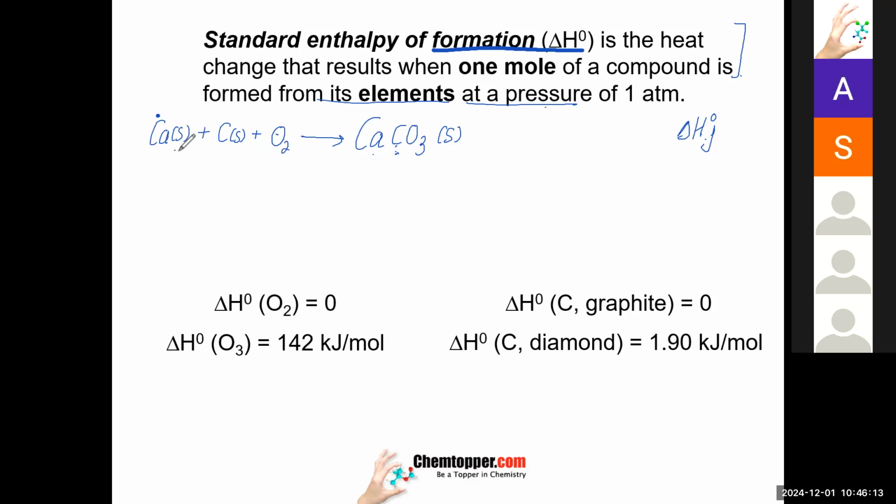I'm taking the standard form of these elements at 1 atm and 25 degrees Celsius temperature. See delta H naught, under standard conditions. Under standard condition, whatever form they are existing.